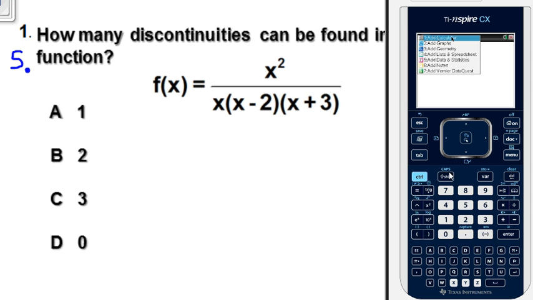And when we use our calculator, we go to add graphs, and we have a graph here.